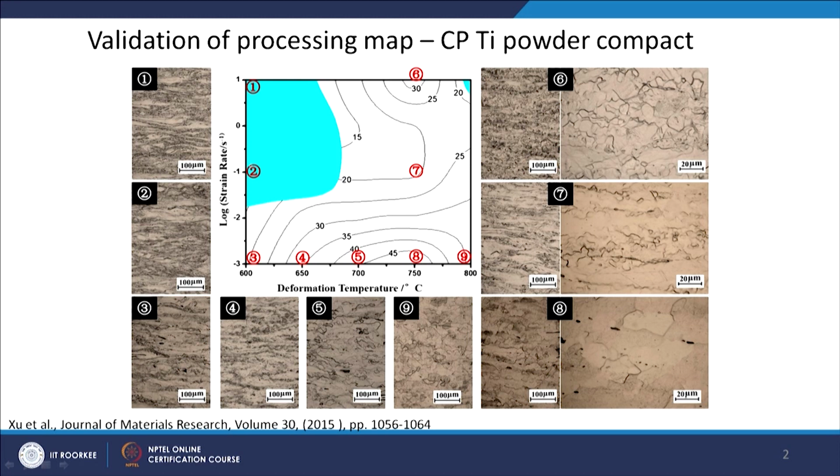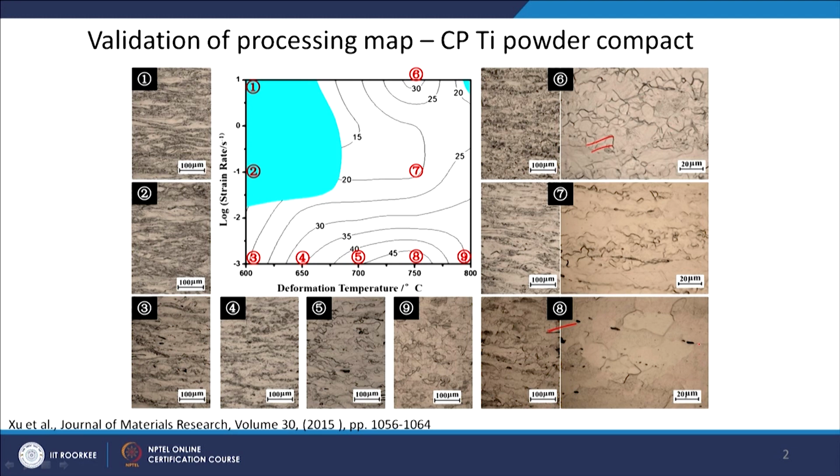So, you can see that wherever the high efficiency regions are there, for example 8, 8 is here, you see more or less a nice microstructure. Of course, it must have seen some grain growth also. Similarly, in this one also you can see some nice high angle grain boundaries, and it looks like a recrystallized microstructure to me.